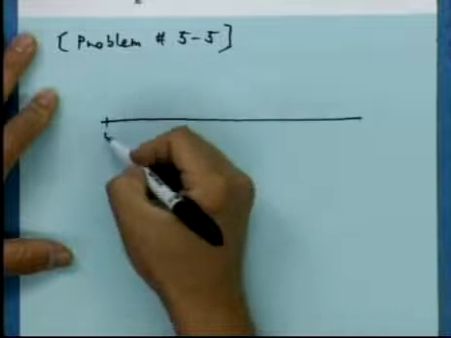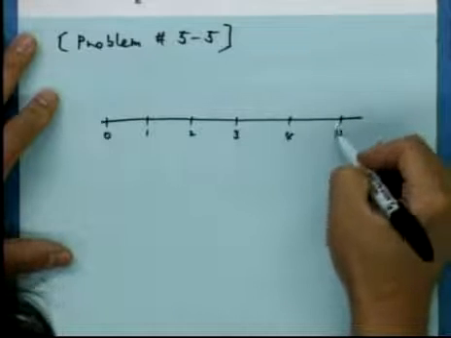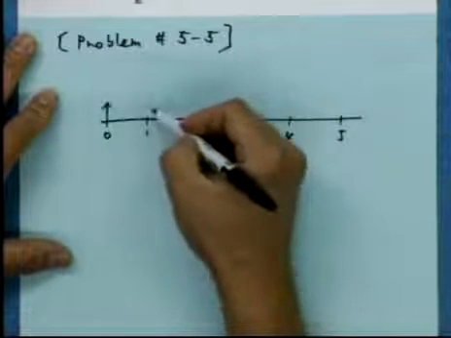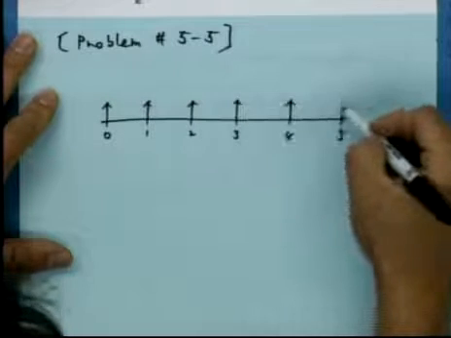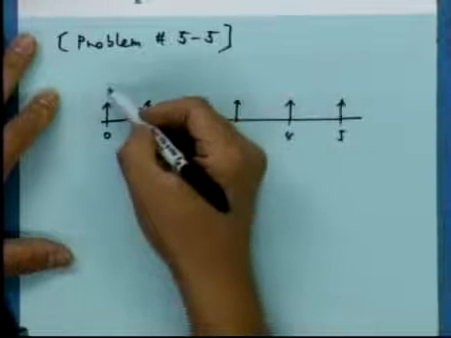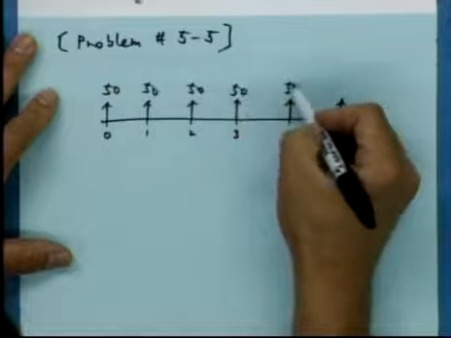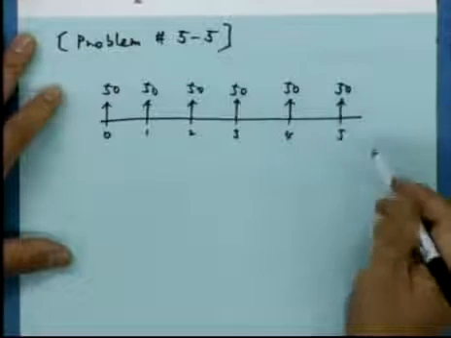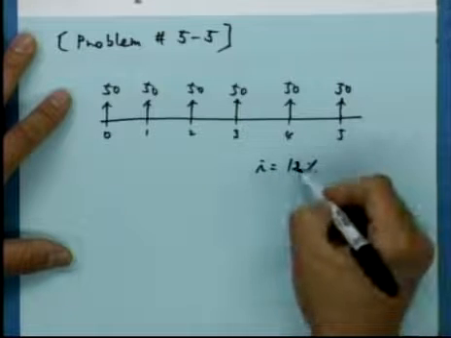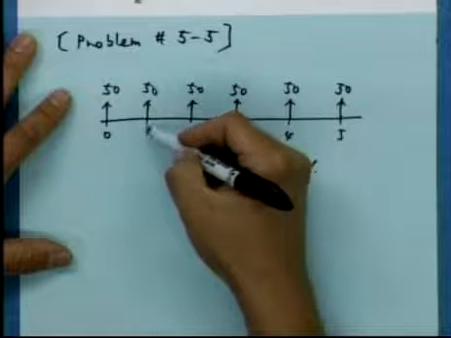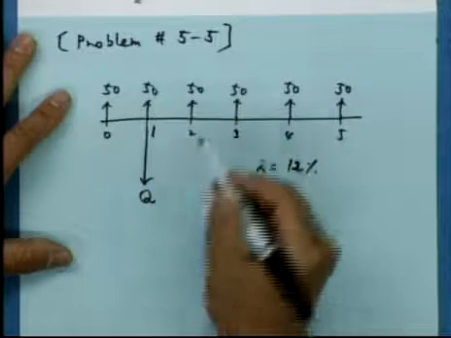So we have here 0, 1, 2, 3, 4, and 5. So we have uniform cash flows of $50. Okay. And interest rate is 12%. And we have Q right here at the end of period 1, right?